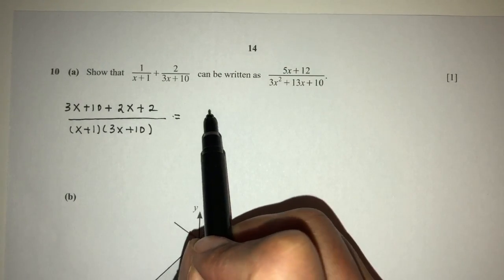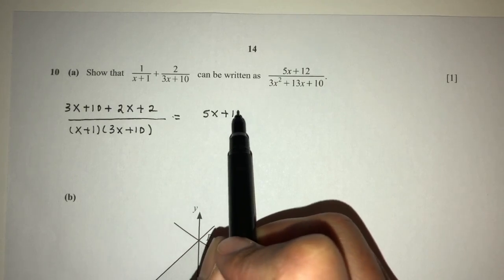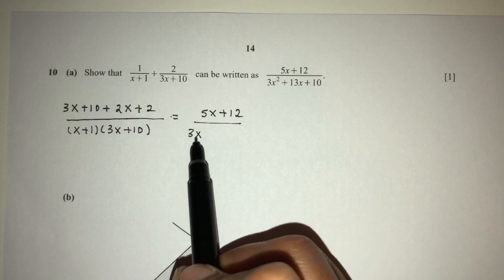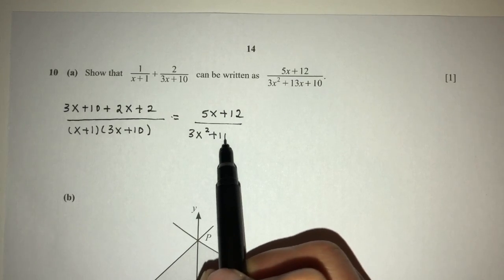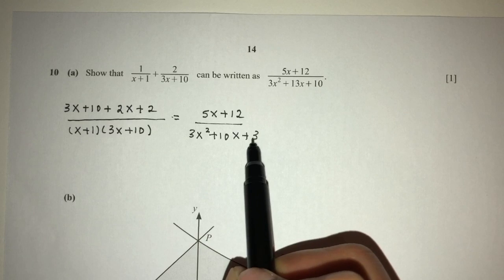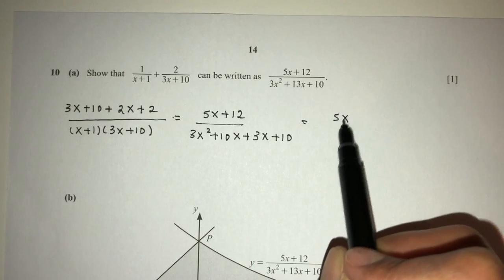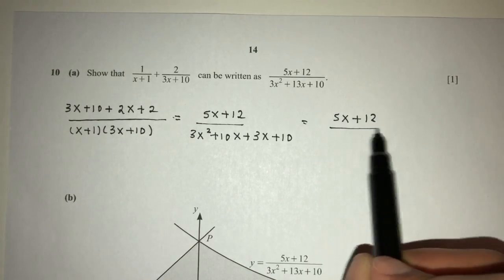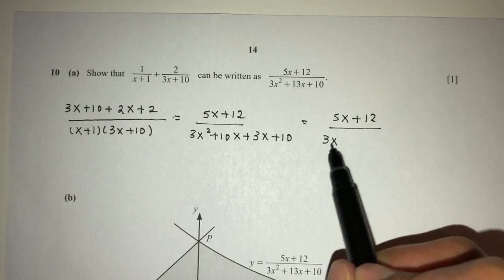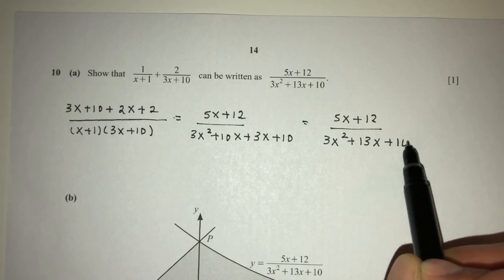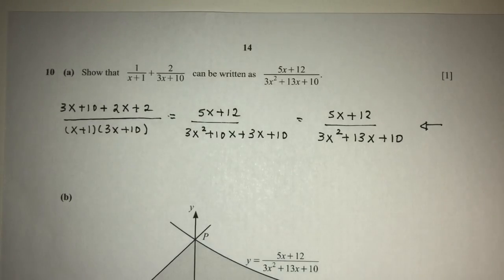That should be 5x plus 12, and if you were to expand this, you will have 3x squared plus 10x plus 3x plus 10. And that will give you 5x plus 12 over 3x squared plus 13x plus 10. This is shown as required.